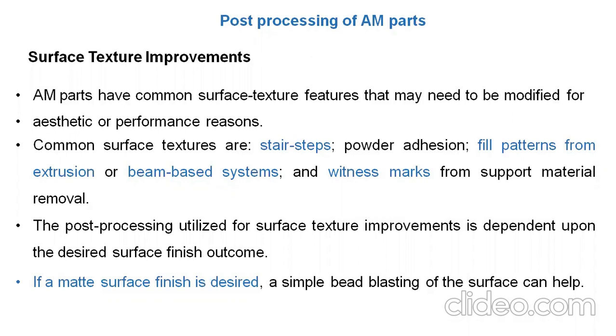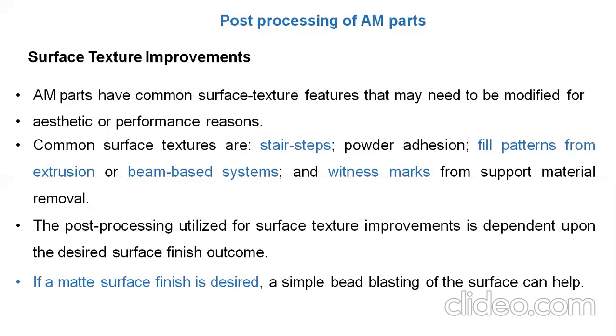So one layer is solidified, then the second layer is solidified after some time, and due to this, your surface texture will be different from the product which is manufactured with the help of the conventional process. So we need to get a better surface texture. We need to improve or modify your product which is manufactured with the help of this AM process.